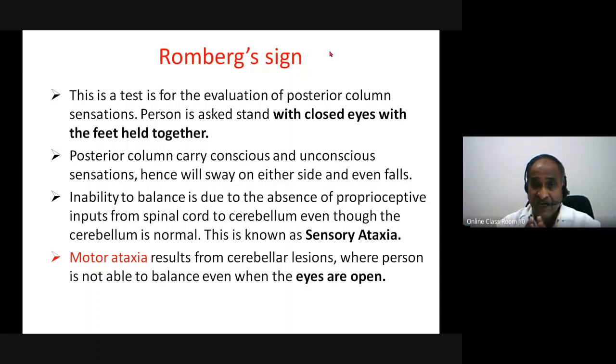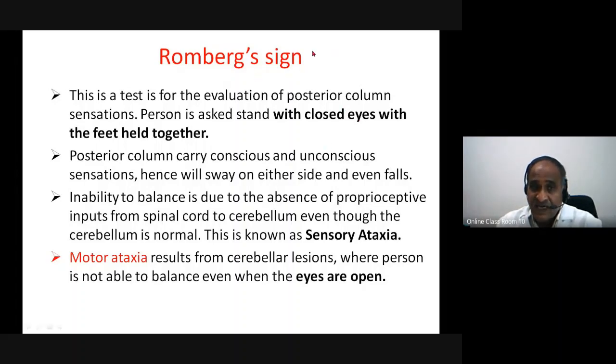When a person stands and keeps his feet together and closes his eyes, he may fall down because sensory information going from the foot is missing. Even when this person wants to walk, because he does not feel the information, there will be what is called a stamping gait.